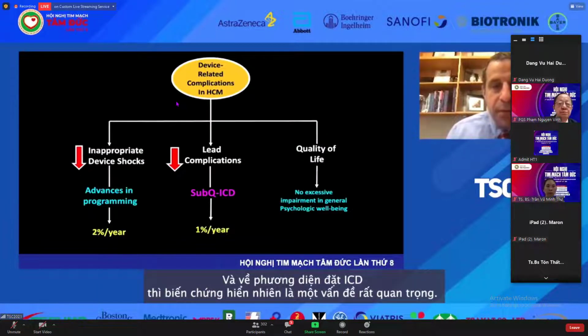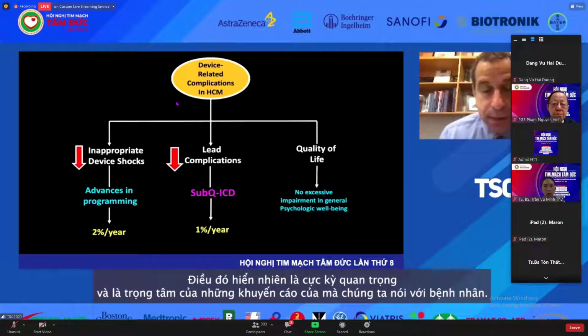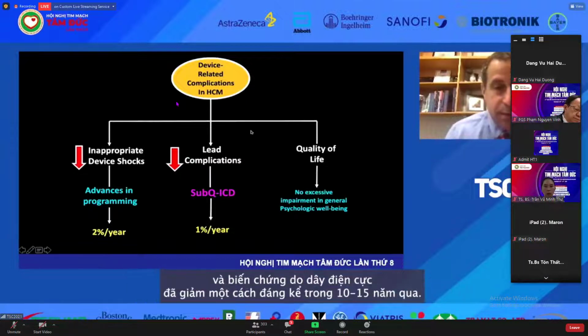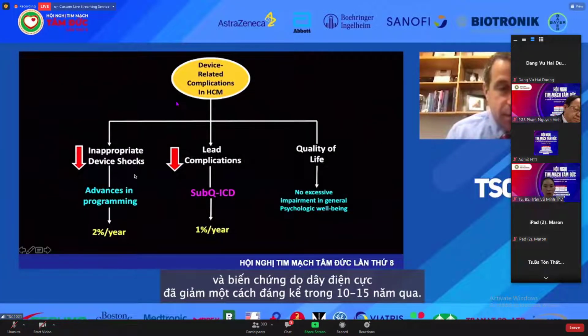And in terms of ICDs and complications, is obviously a very important issue. It's obviously incredibly important and central to recommendations that we're making with patients when we're talking about this. But also it's important to balance that out with that inappropriate device shocks and lead complications have decreased significantly over the last 10 to 15 years.